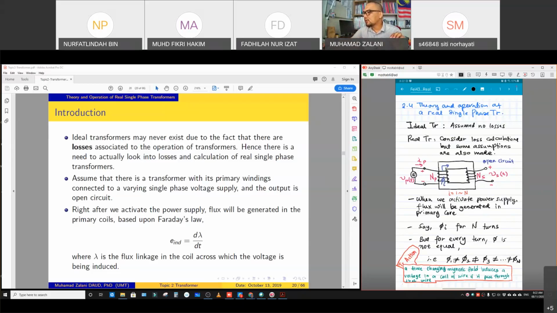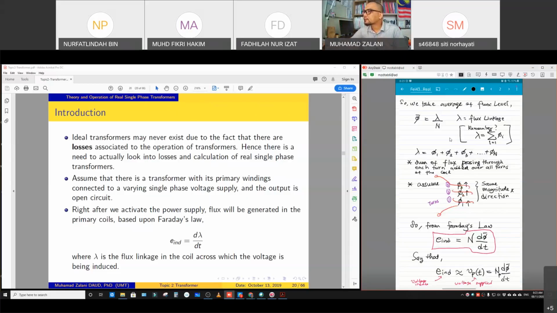So what we can say in terms of mathematics here is that phi 1 is not the same as phi 2. It's also not equal to phi 3. It's not the same as phi and so on, until phi N. So all of the phi's in every coil, in every turn, are not the same.